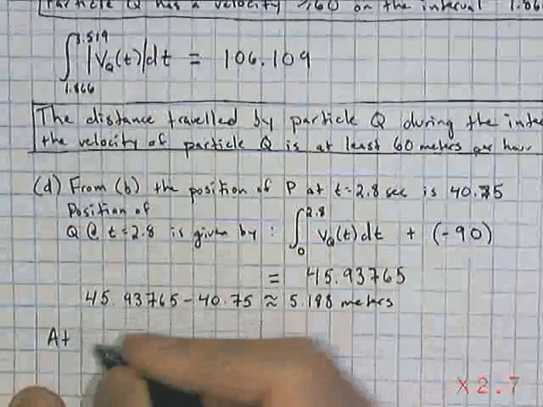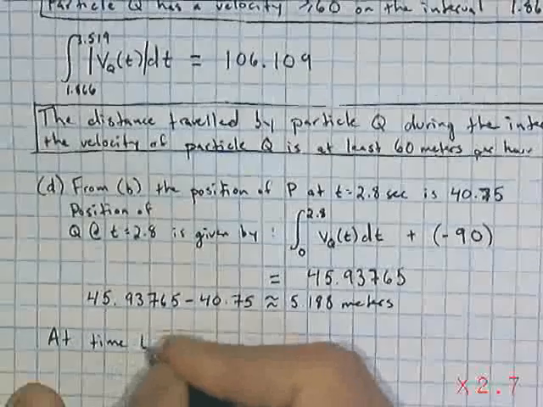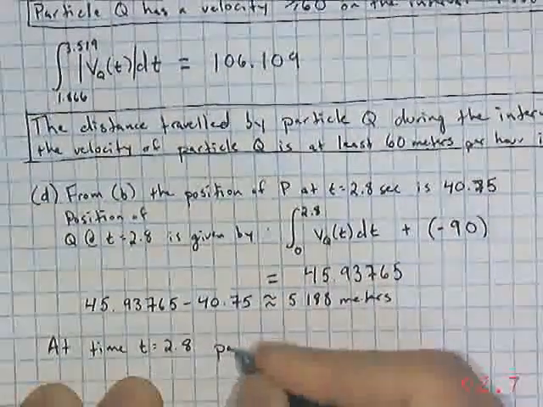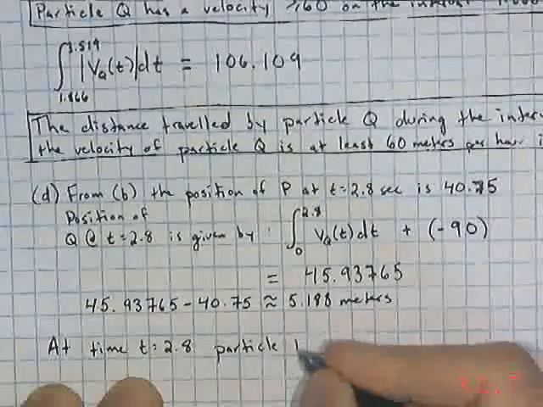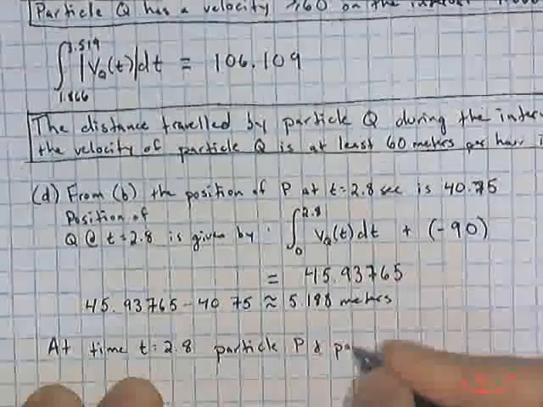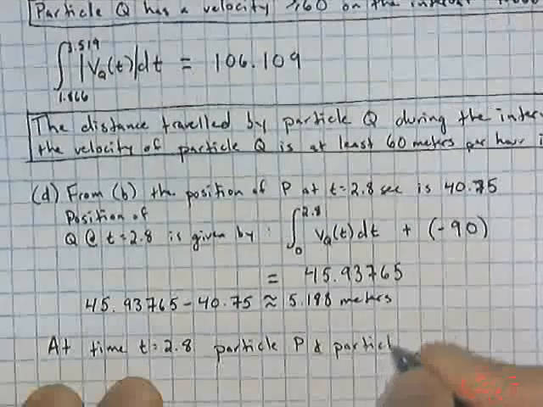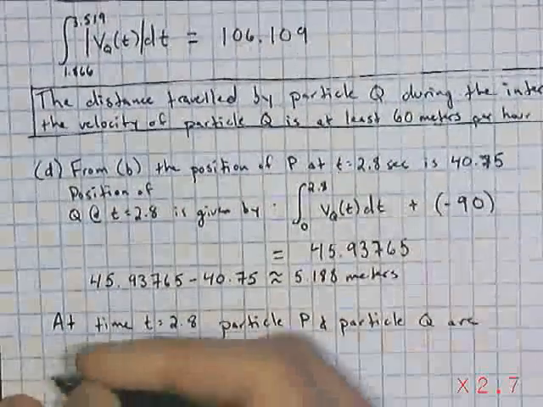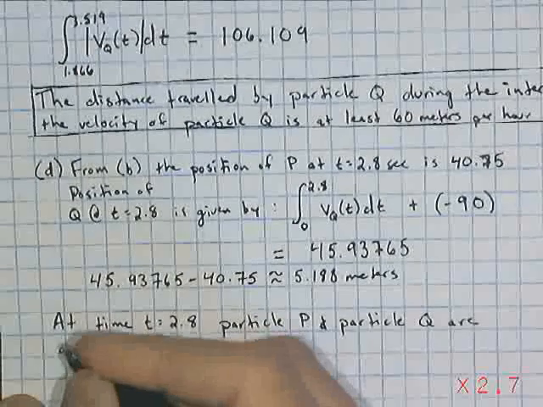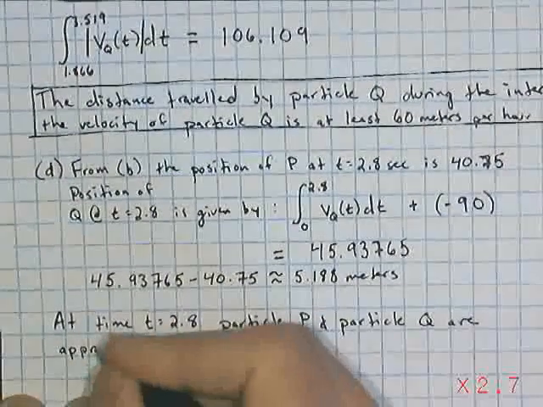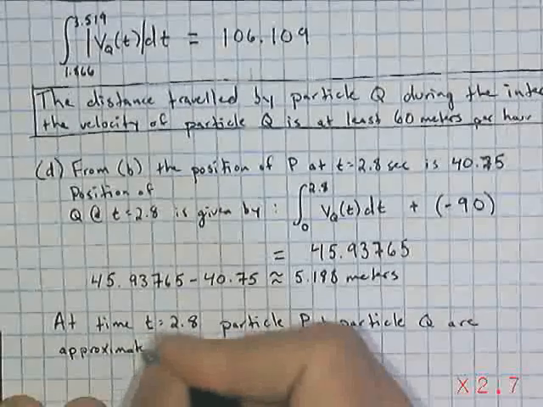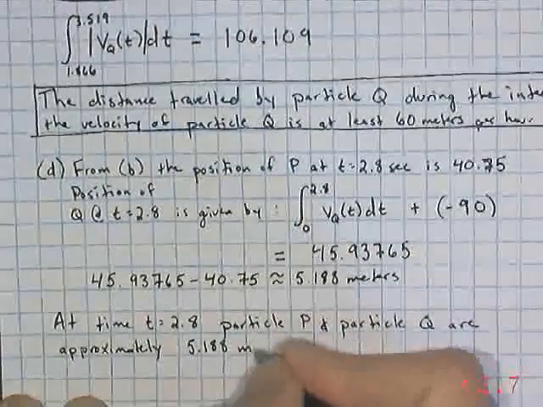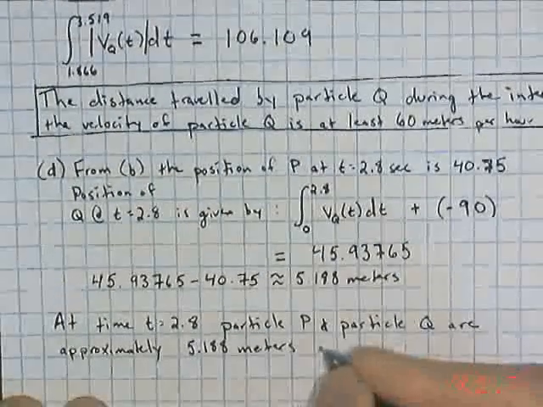Our conclusion is at time t equals 2.8, particle P and particle Q are approximately 5.188 meters apart.